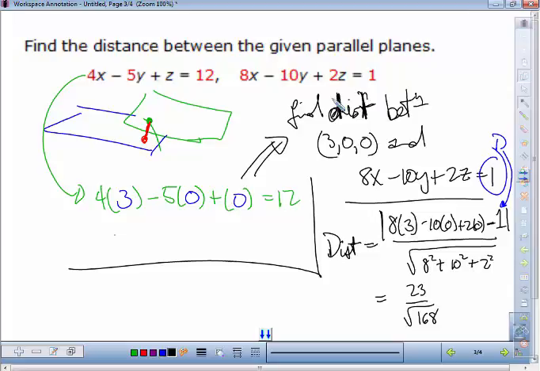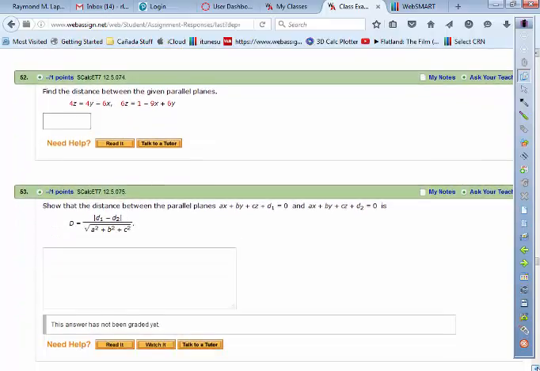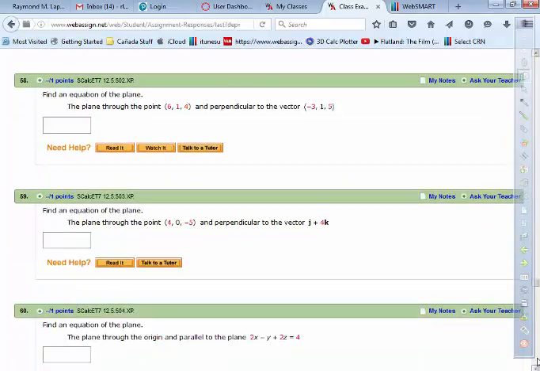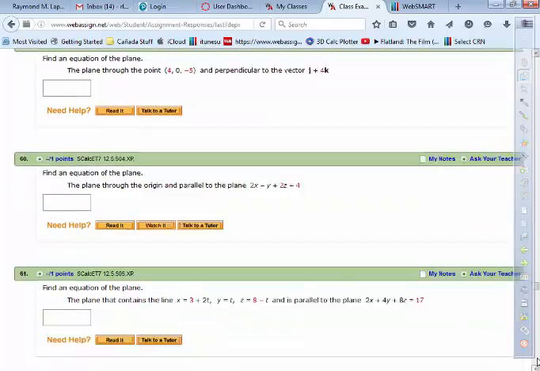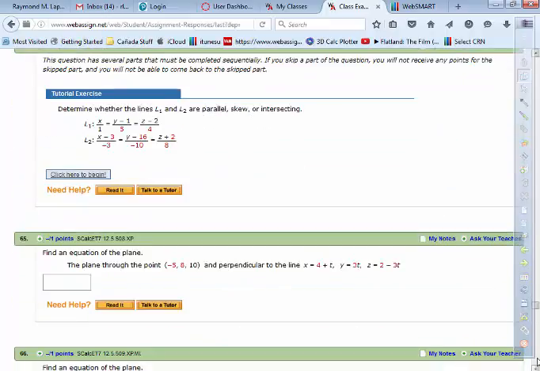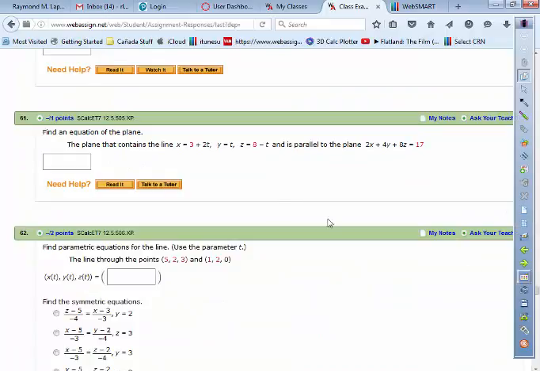So the other thing now is to find the distance between a point and a line. I don't know if that's covered in your book. Is that covered in your book? Let's do one more and see. There's one here where you have to find, oh, never mind.